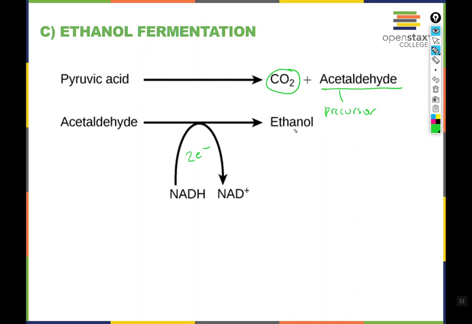Acetaldehyde looks like this, ethanol looks like this, and it has an OH group at the end, which is why it's an alcohol. And this is the kind of alcohol that humans like to drink. Humans have used ethanol fermentation before, in the form of certain kinds of yeasts that are used to brew beer and wine, etc.